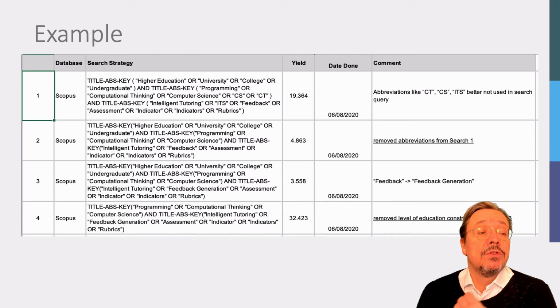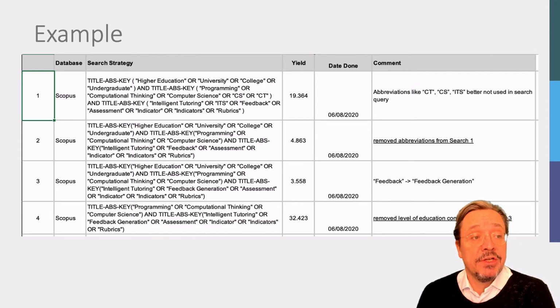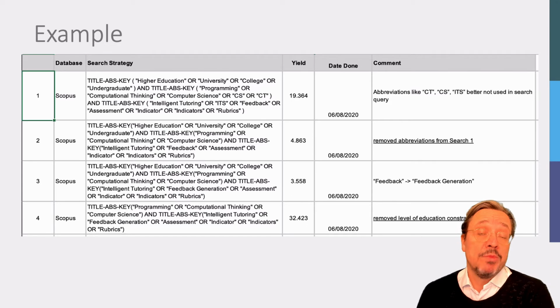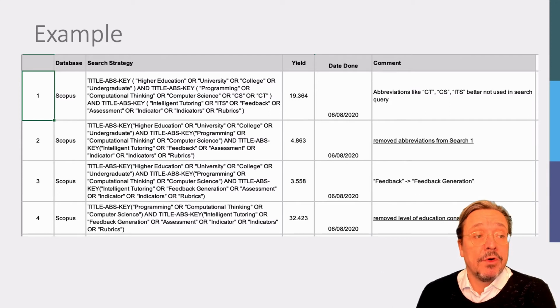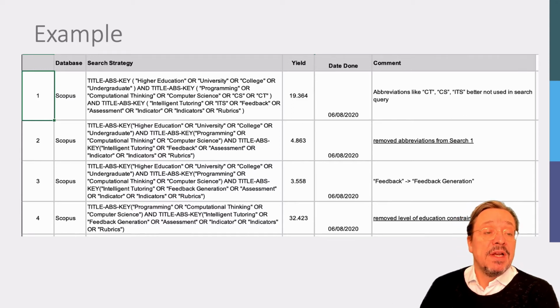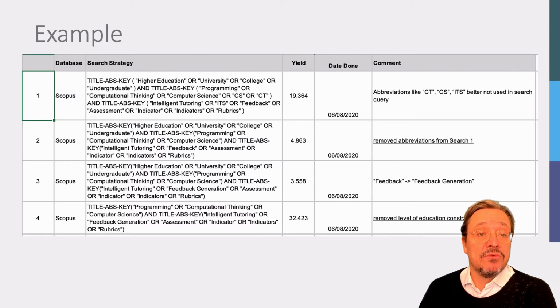You use for terms also synonyms: programming, computational thinking, computer science, or even shortcuts such as CS or CT, which might occur in the title. And then third, in this search, the author is looking for intelligent tutoring or ITS or assessment or feedback or indicators. So there are different variants, and you see it gives you about 19,000 results.